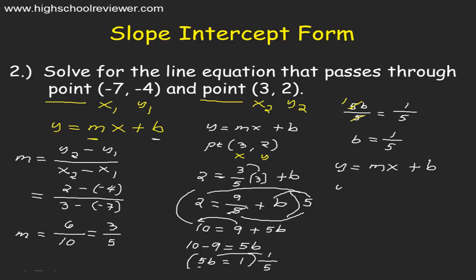So y will remain as y, and our m, that is our slope, is now equal to 3 over 5 multiplied by x plus the intercept, which is 1 over 5. So our equation now will be y is equal to 3 over 5x plus 1 over 5.